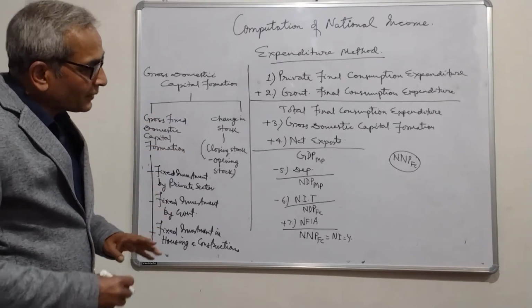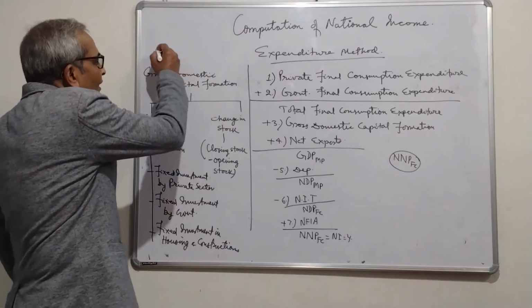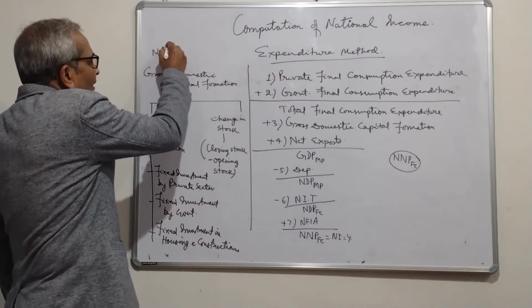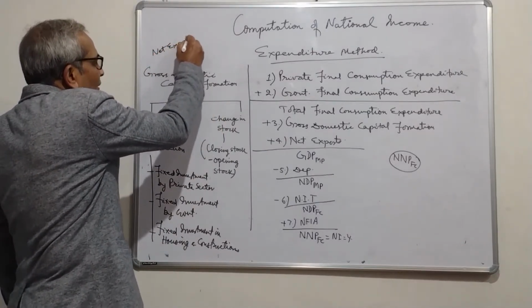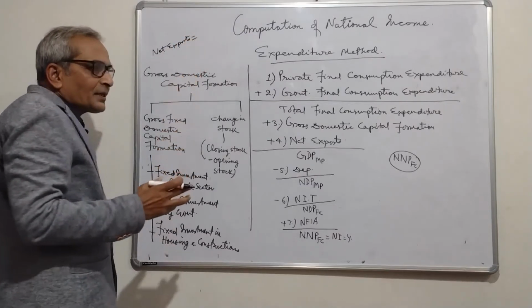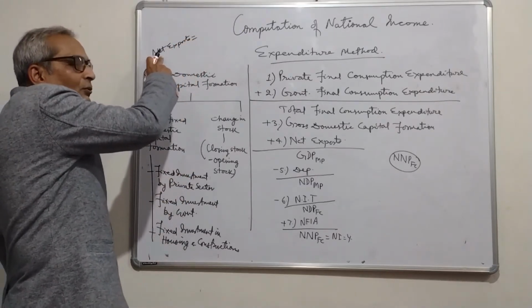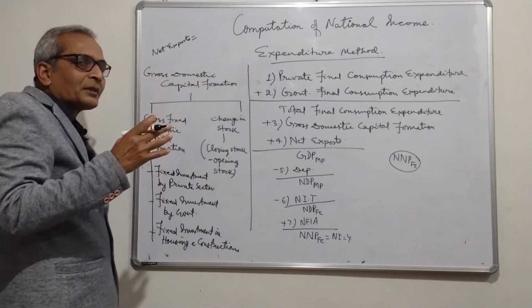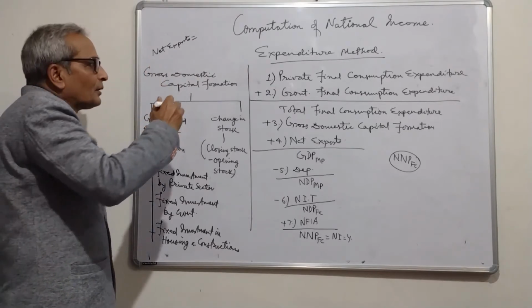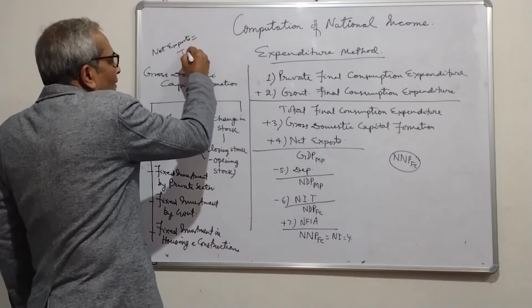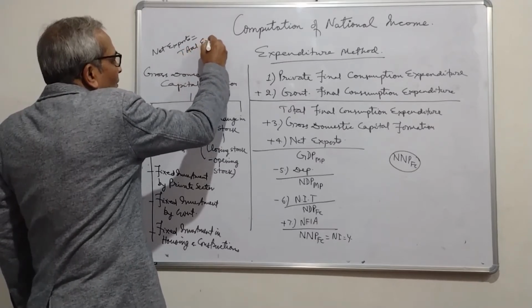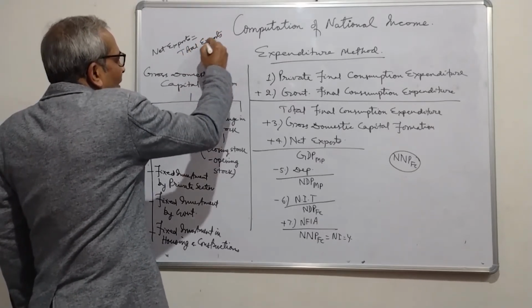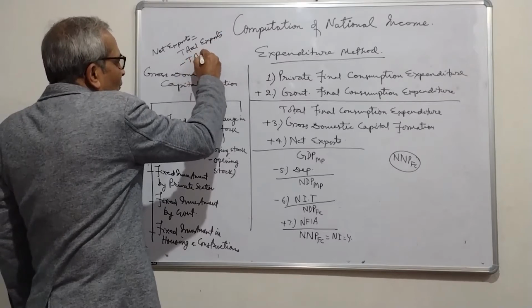right? And then we have net exports. Net exports is, please recall that we had seen that whenever we use the word net, it means something has been subtracted. So net exports is total exports minus total imports.